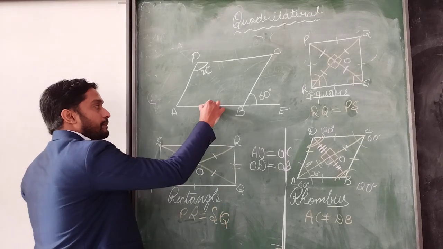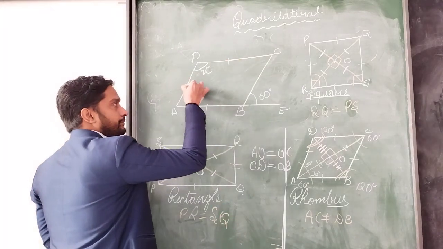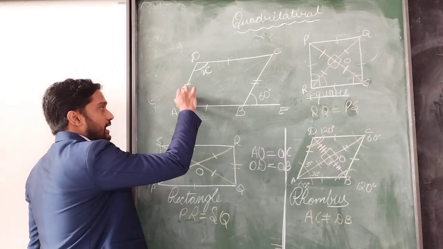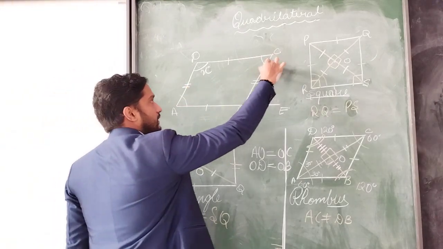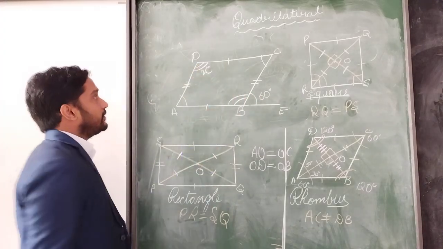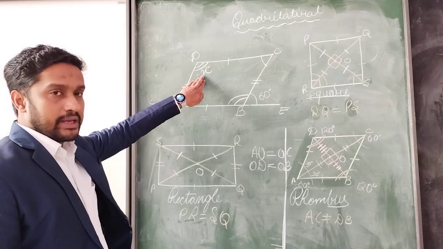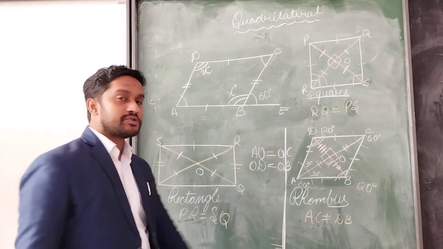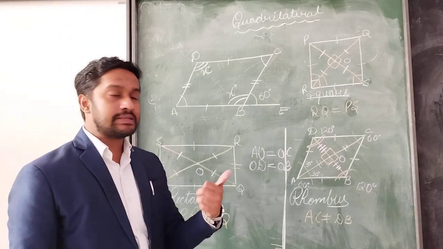We know that opposite sides are equal, and we have also studied that opposite angles are equal. So if angle D is given as x, angle B will also be x.